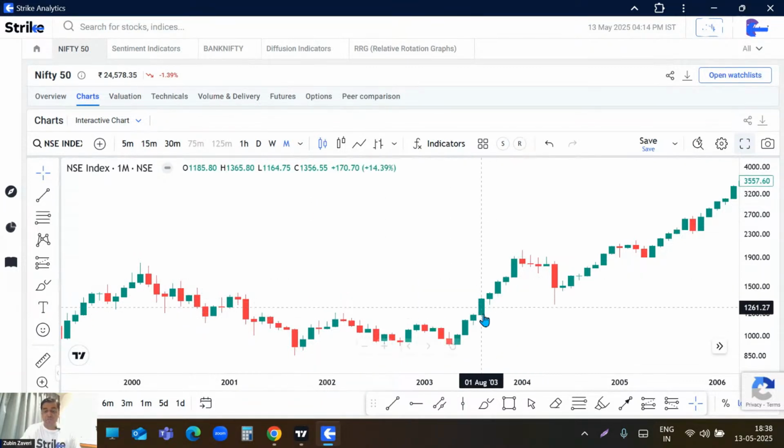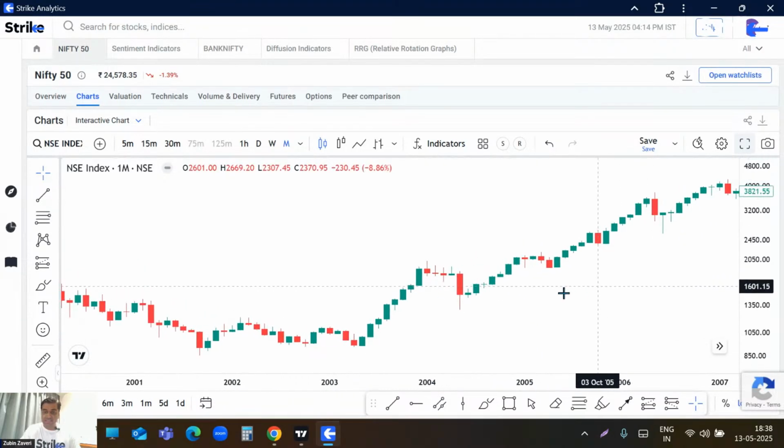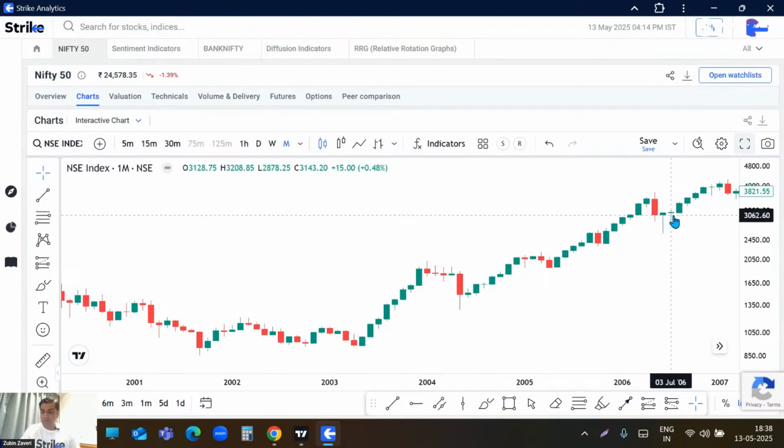Then came 2006. In 2004, the Manmohan Singh government came into picture, and the market just rallied. But in July 2006, where is July 2006? Yeah, over here, May, June, July. So this is July 2006, where the Mumbai train blasts happened on the 11th.